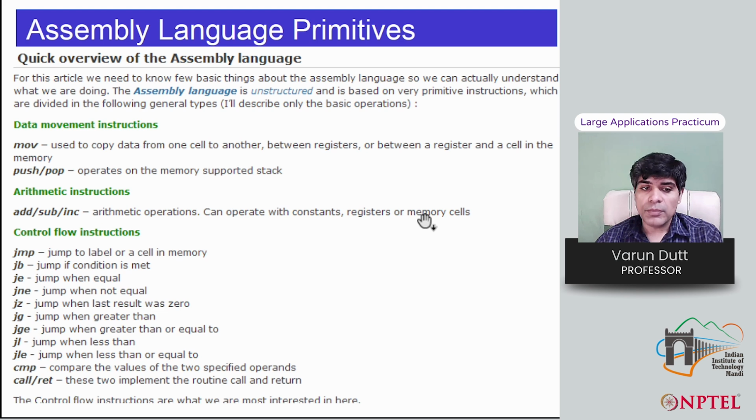registers, also memory cells. And then there are control flow instructions like JMP, jump to a label in a cell in the memory, and conditional jump, jump if a condition is met. Conditions are generally set one step before this instruction.